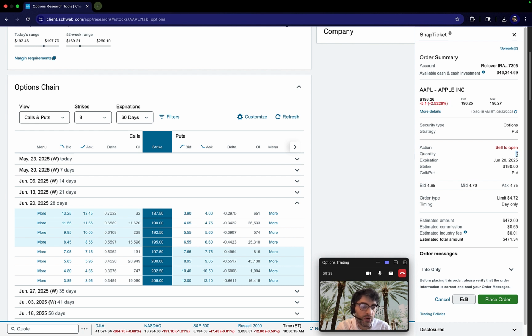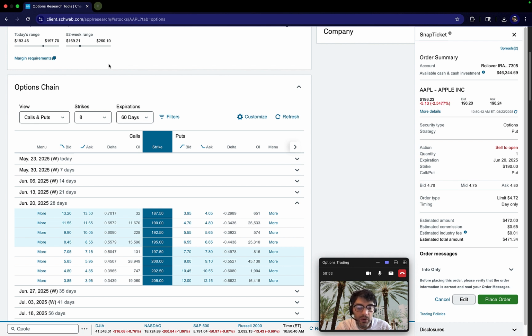Here you go, quantity is 1. And one option contract is worth 100 shares. So we're going to have to purchase 100 shares. If we get filled, we're going to have to purchase 100 shares at $190. So again, 190 times 100 is $19,000.